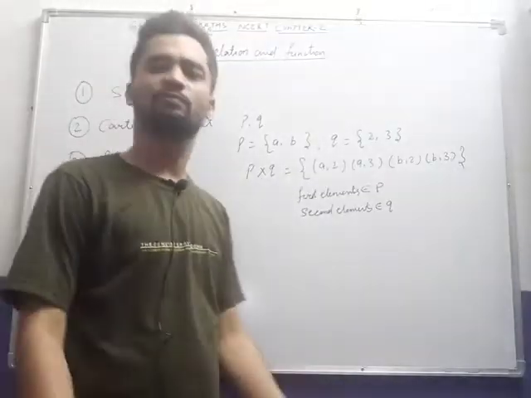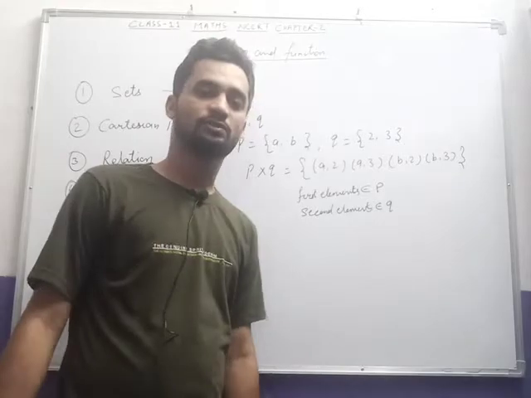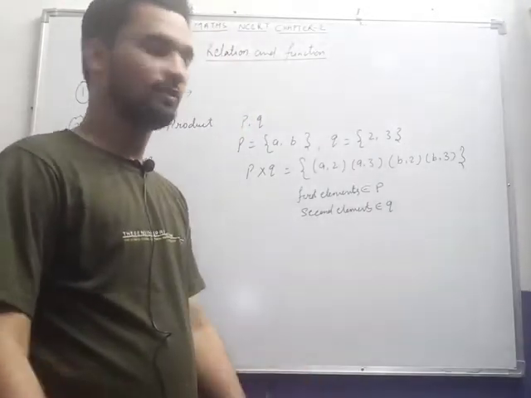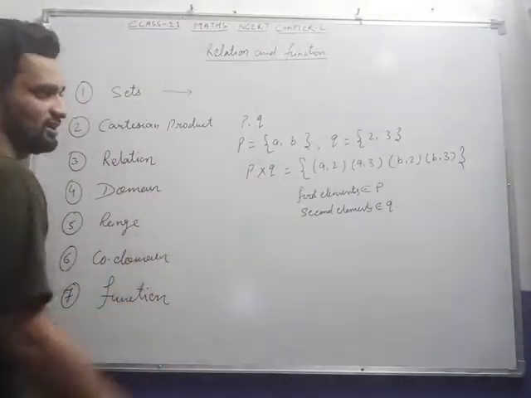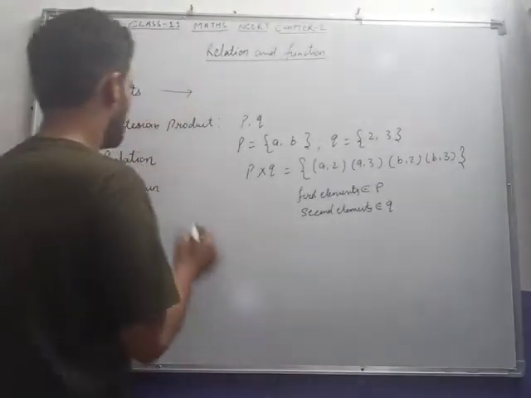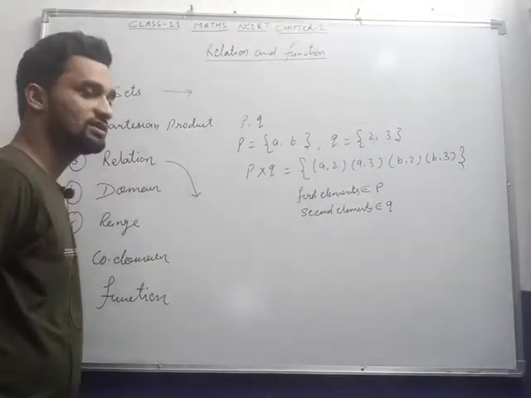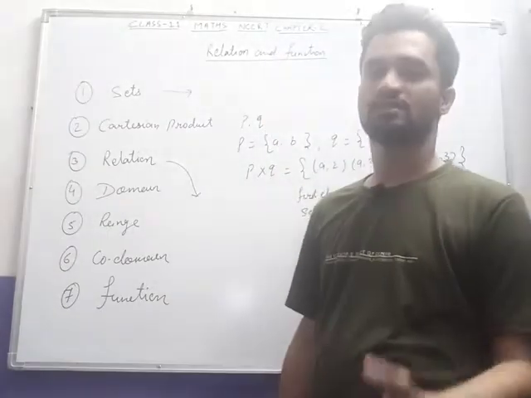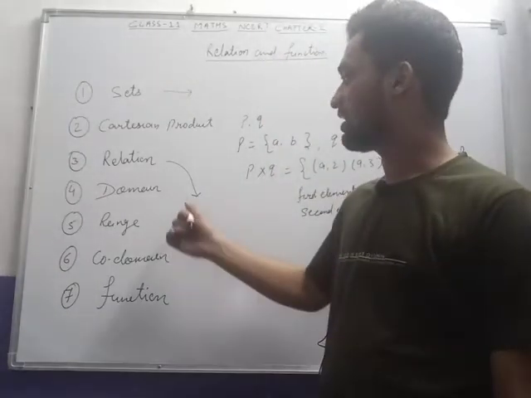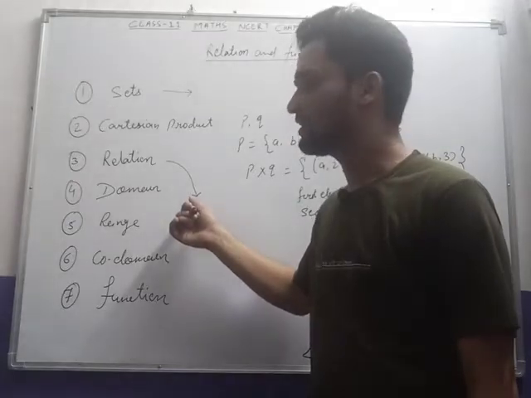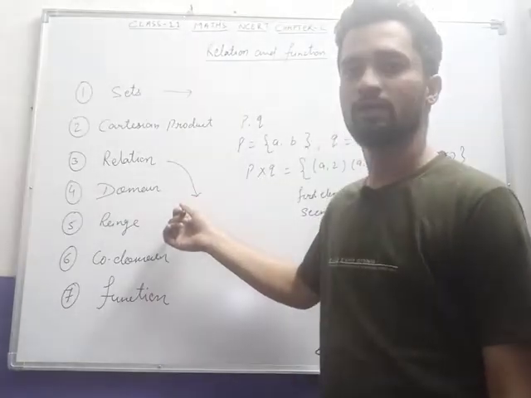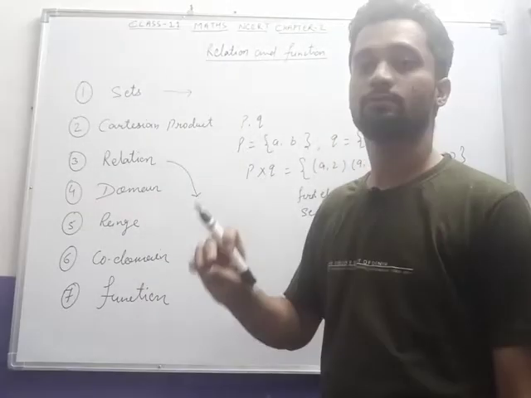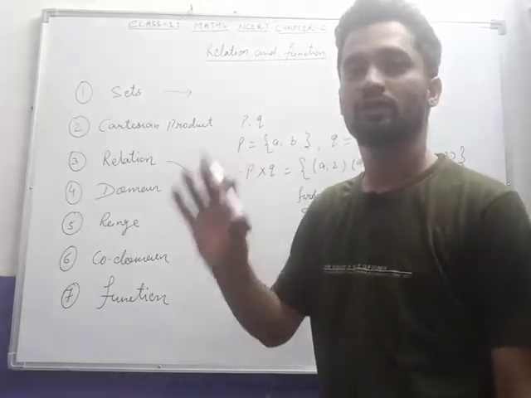We will see this in depth in coming videos, when we have a broad discussion about each individual topic. Now, relation. What is relation? Relation is a subset of Cartesian product. It is also a set of ordered pairs, but one which satisfies a special type of relationship.